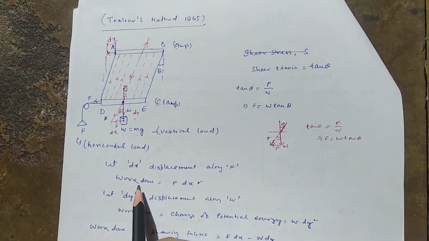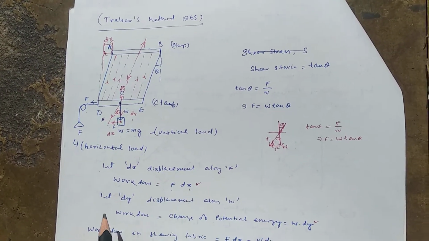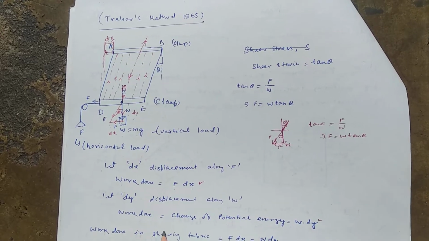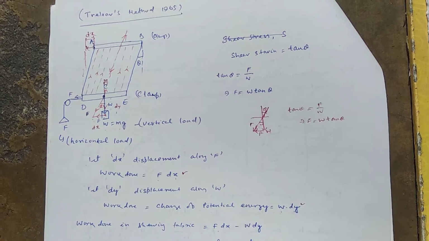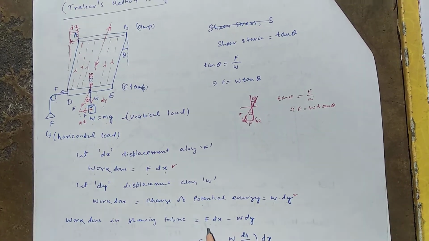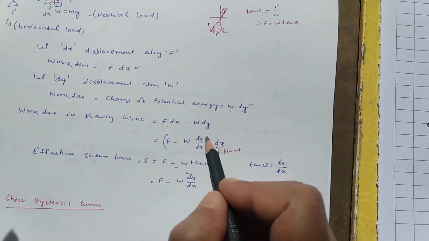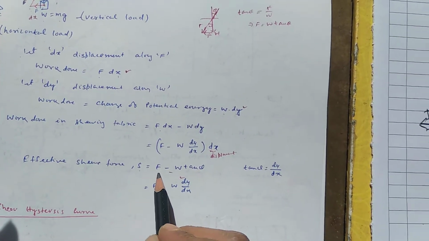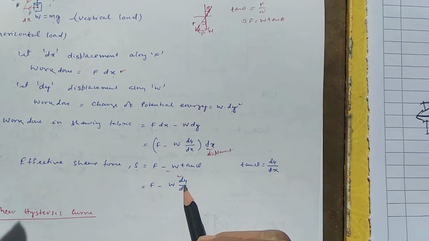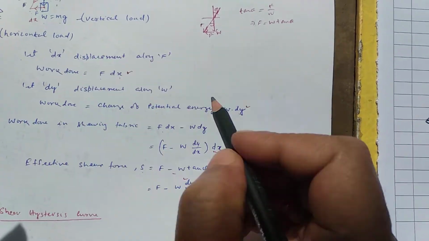Alright. So work done is equal to F dx. The displacement along y gives a change in potential energy, which is equal to W dy. So the work done by the shearing force is equal to F dx minus W dy. This way we can get the effective shear force S is equal to F minus W tan theta. What is tan theta? dy by dx. It's very simple.